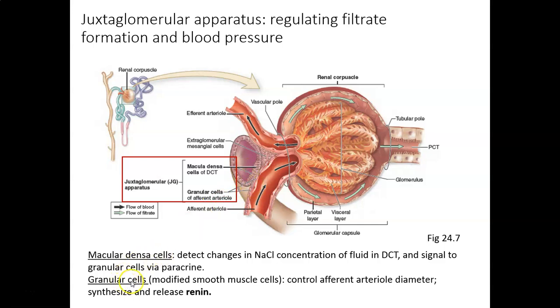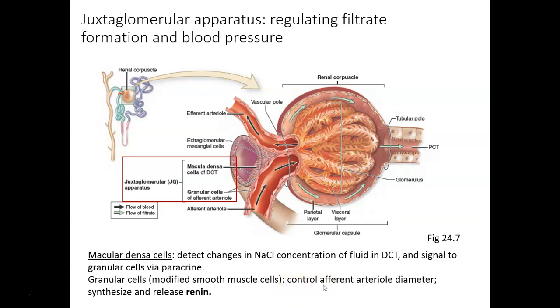And what is a granular cell going to do in response to the stimulation from the macula densa cell? Well, those are in the wall of the arteriole. So they're smooth muscle cells, but they are modified, specialized smooth muscle cells.